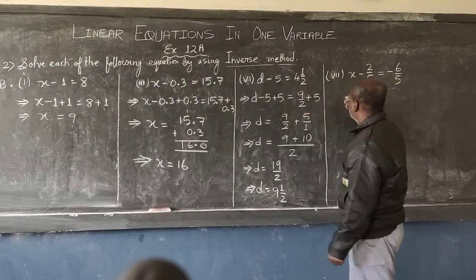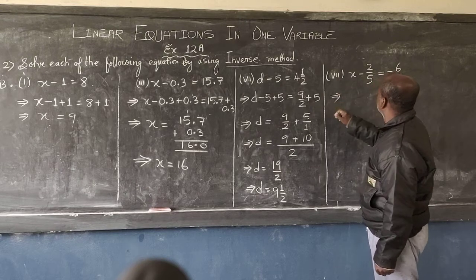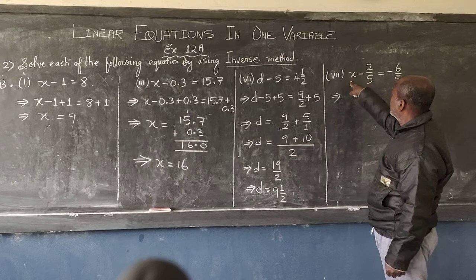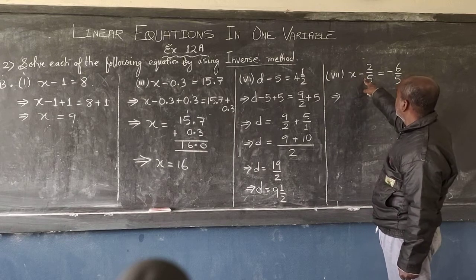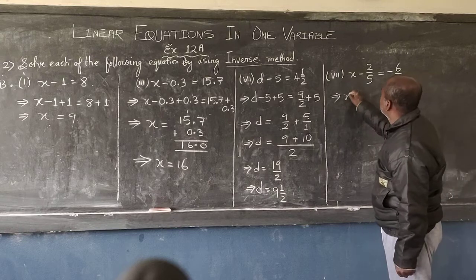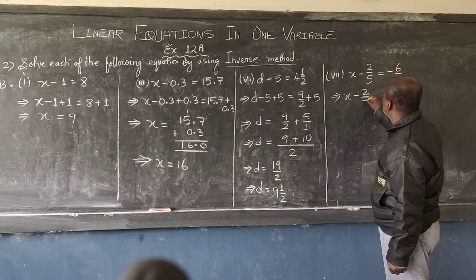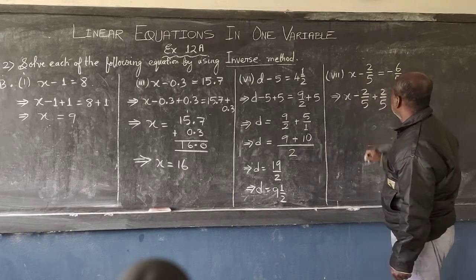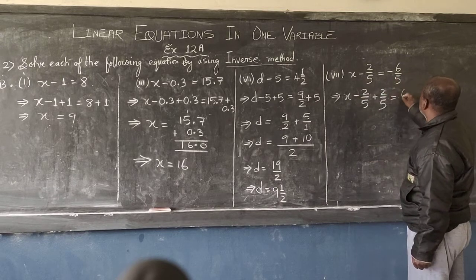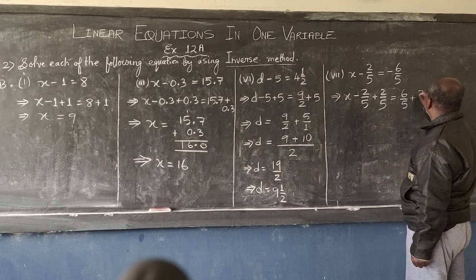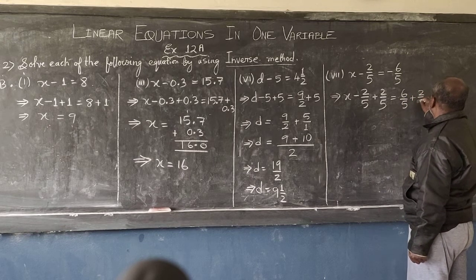Okay, the seventh part. You have x minus 2 by 5. To remove minus 2 by 5 and isolate x, you have to give a plus 2 by 5. This side also, on the right side, you have to give a plus 2 by 5.